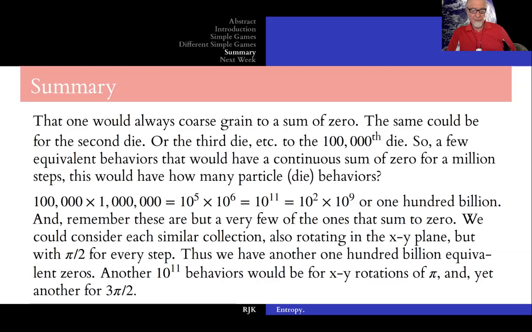For each one of those, we would have had to have chosen the XY plane, with probability 1/3, rather than the XZ or YZ plane, and then chosen any one of the 4 rotations possible.